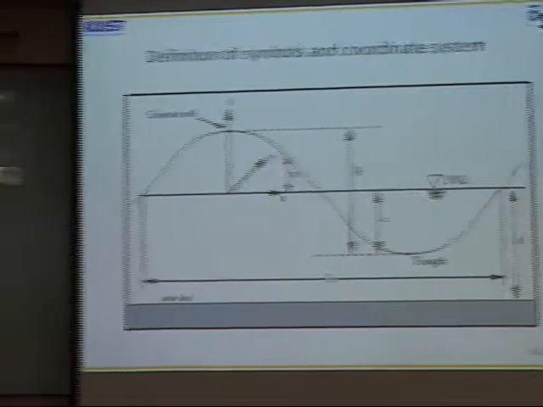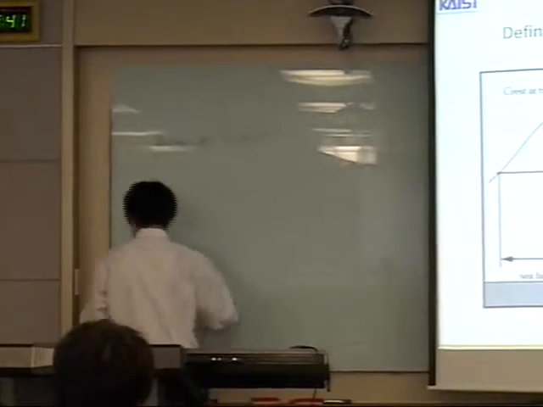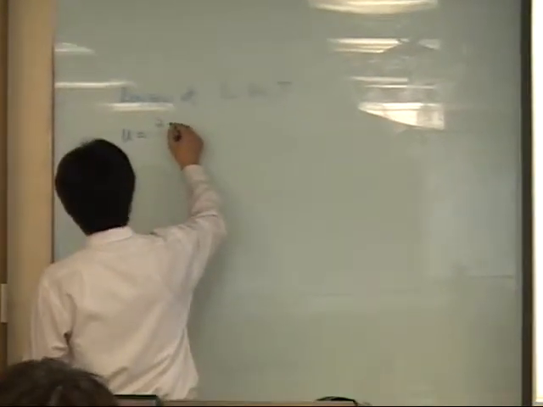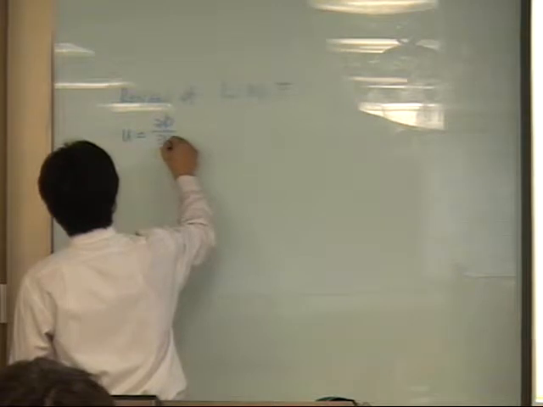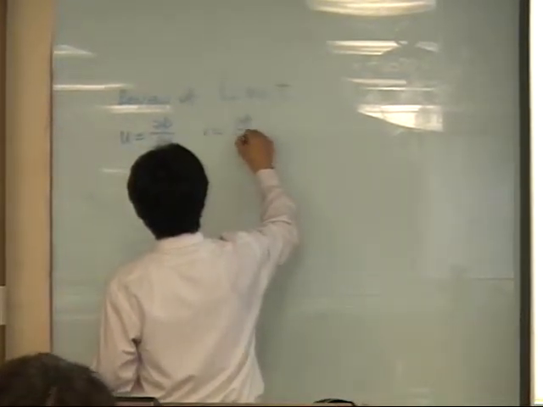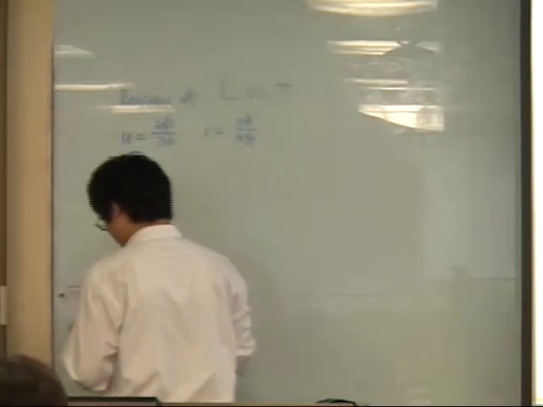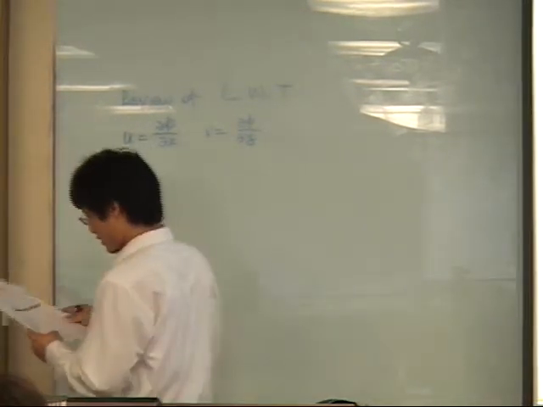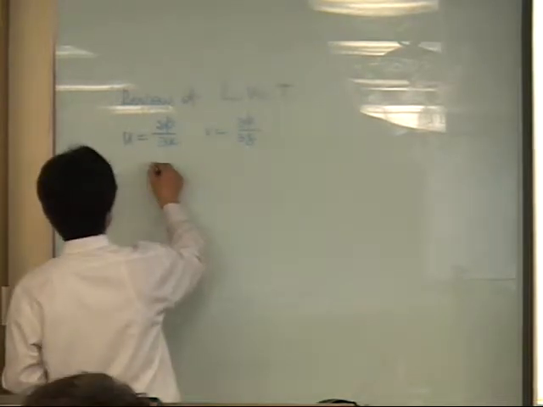Okay, now in an ideal fluid, we define a velocity potential like this, and from the continuity equation we have a Laplace equation, right?